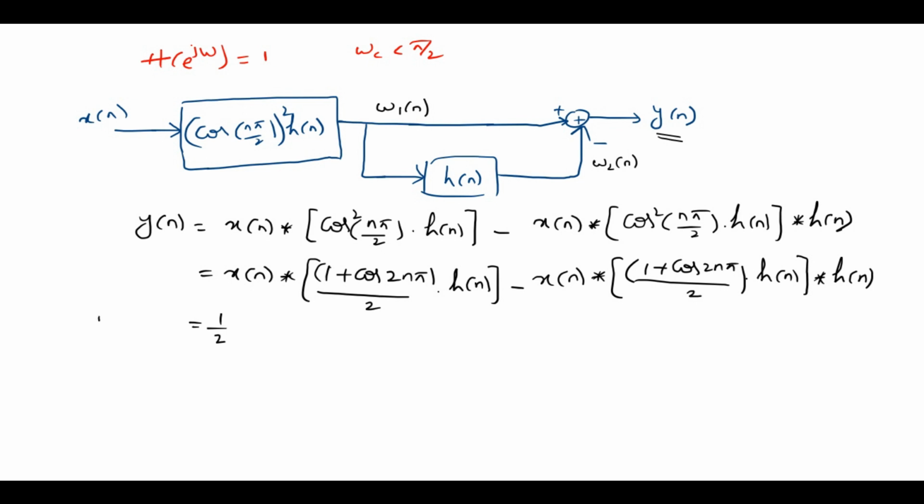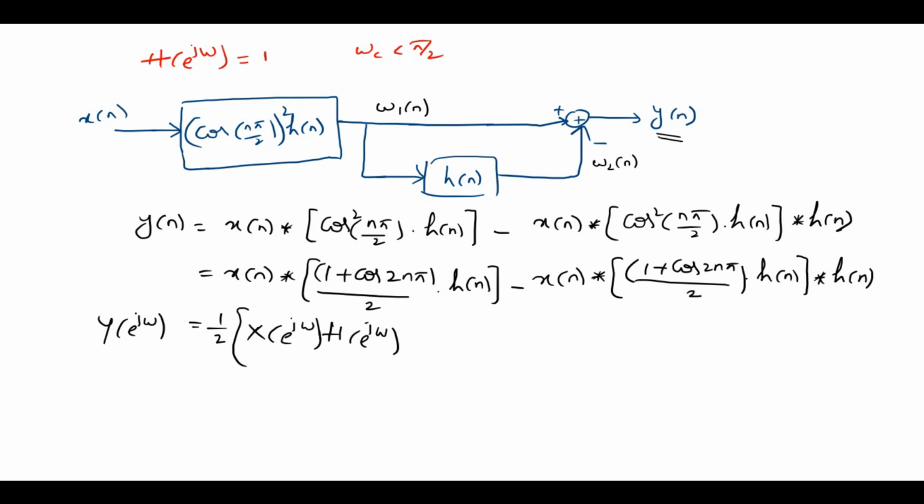So I am finding the DTFT of this signal. Here the convolution of these two is nothing but multiplication in the frequency domain, that is x of e power j omega into h of e power j omega for the first term.